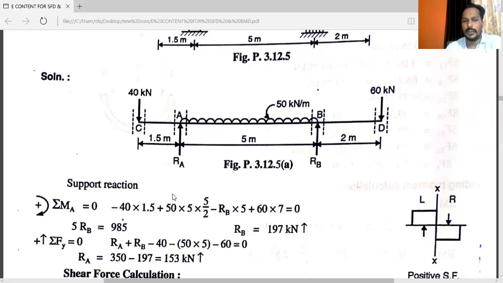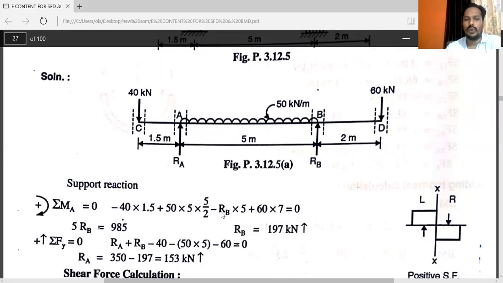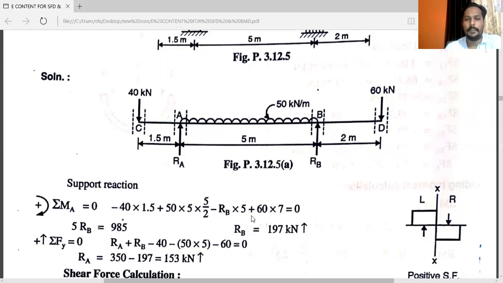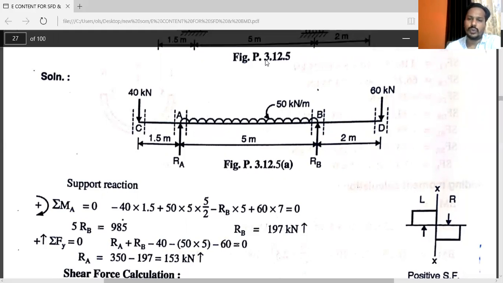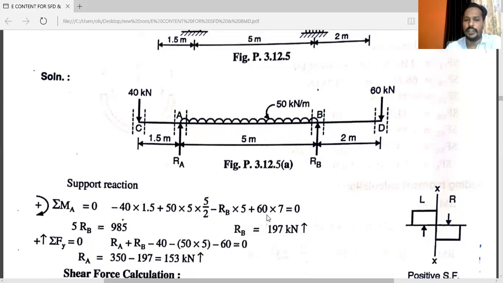RB will move in the anti-clockwise direction about A. So minus RB into 5, plus this 60 will move in the clockwise direction, so it is plus 60 into distance 5 plus 2, that is 7. Every time you have to take perpendicular distance. So here 60 into 7 is equal to 0. There is only one unknown, that is RB, so you can calculate the value of RB.